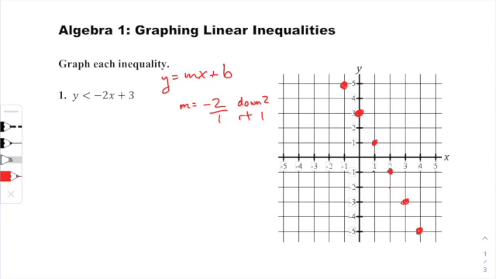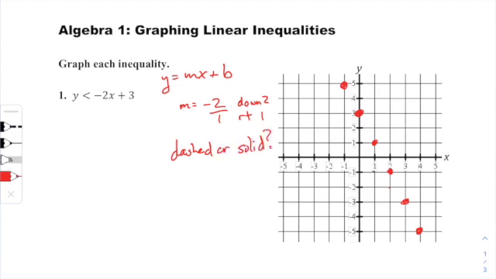And now normally I would just draw a line through that if it was y equals, and then I'd be done. But here's what's different. I'm going to take that line away, actually, because now when you start these, you want to think of two things. You want to think about what kind of line am I going to draw? Am I going to use a dashed or a solid line?